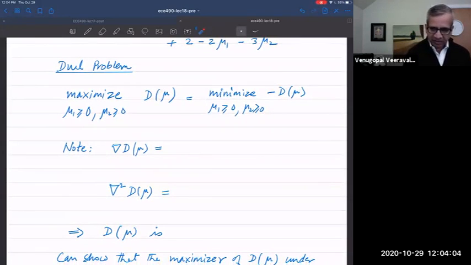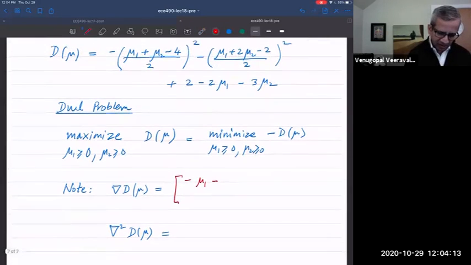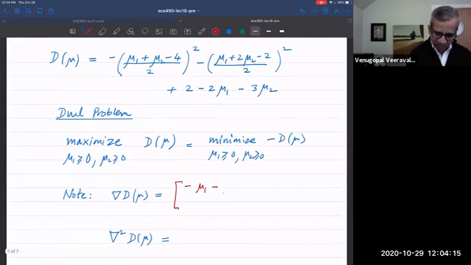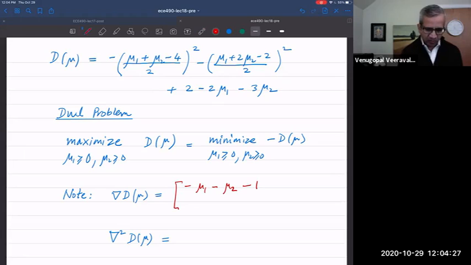And you can compute the gradient and the Hessian. That's not hard to do. So you can work this out: 3 over 2 mu1 minus 5 over 2 mu2.